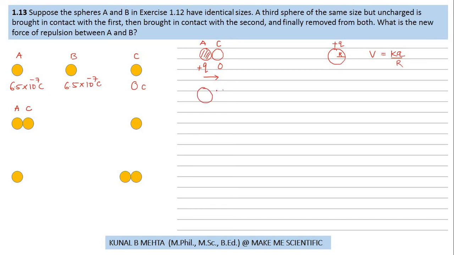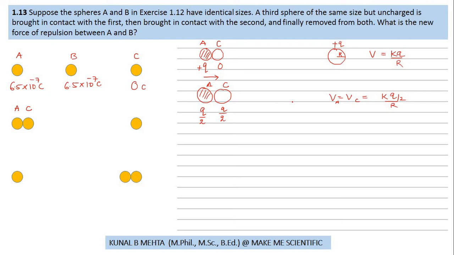So what is going to happen? After touching, if both of them have equal amounts of charge, since the radii are equal, the new potentials VA and VC will be equal, that is kQ by 2 by R. So charge distribution will happen in such a way that the potentials become equal.